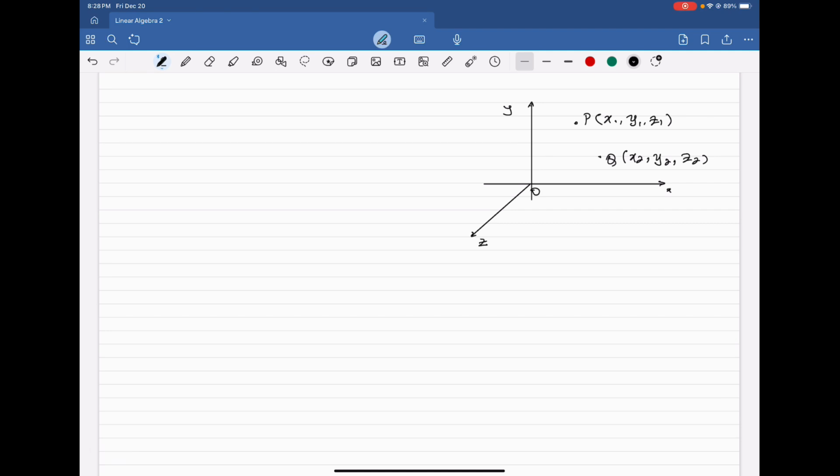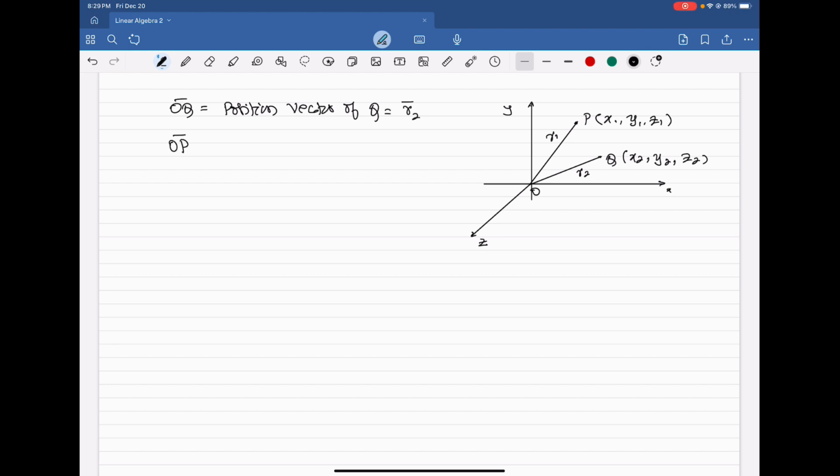Origin is O. When you connect O and Q, OQ is the position vector of Q, which is equal to R2, let us say.